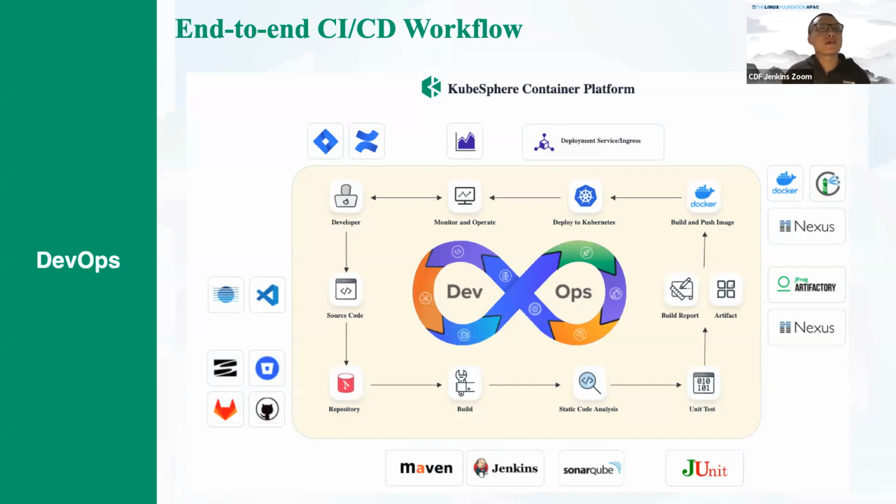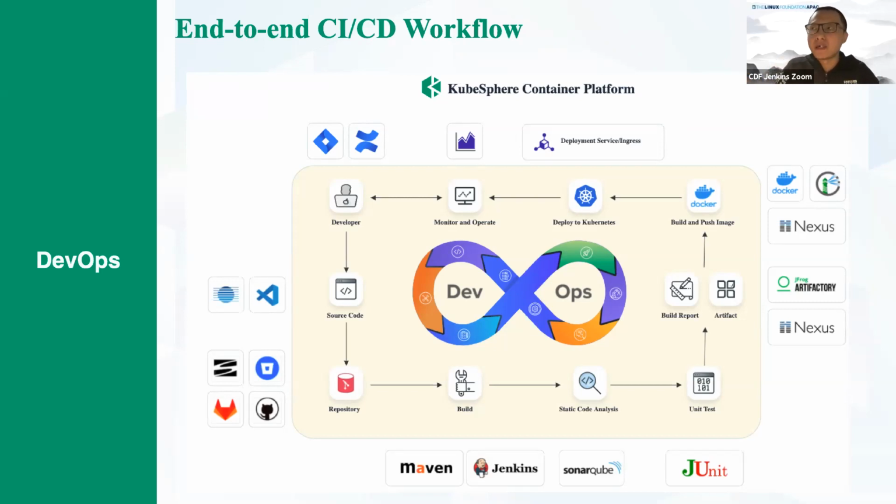This is a cycle. A developer writes the source code and puts it into a repository. It might be a Git repository or SVN. So let's assume they put their source code in GitLab.